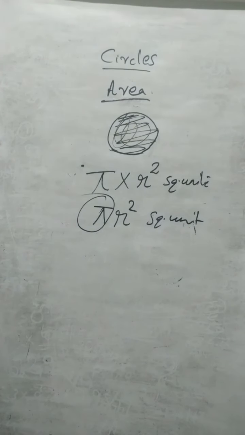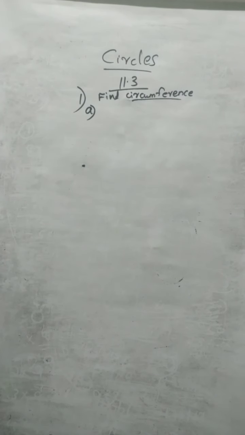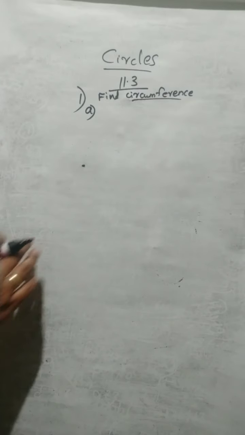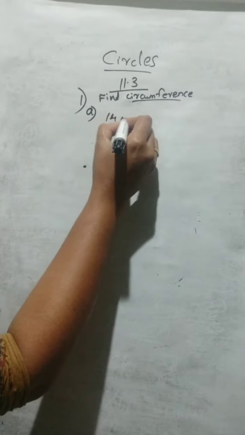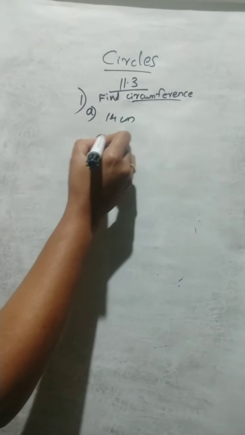Now we can do some work related to the area and circumference of circles. Find the circumference of the circles with the following radius. First question: the radius of a circle is equal to 14 centimeter. So the radius is given.